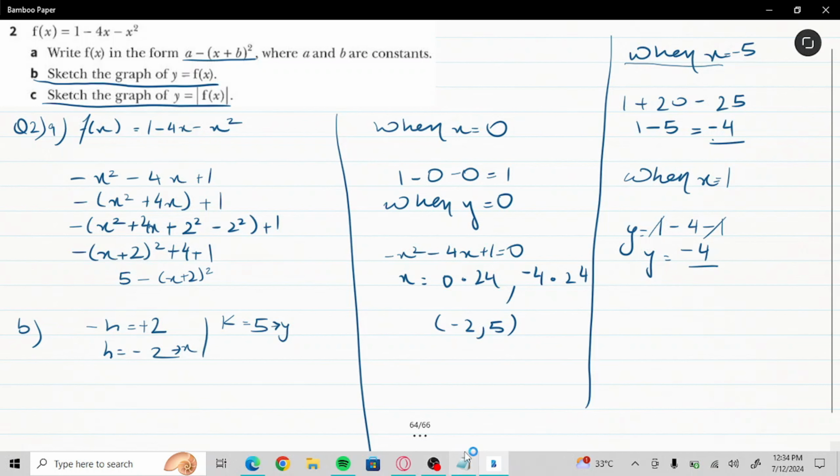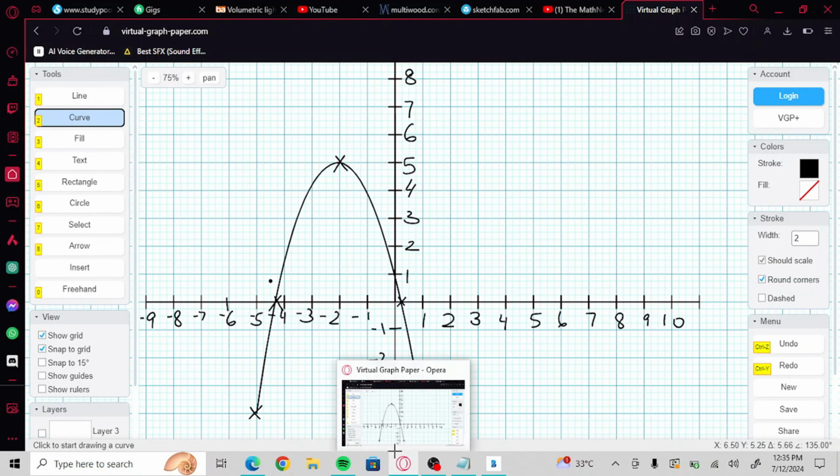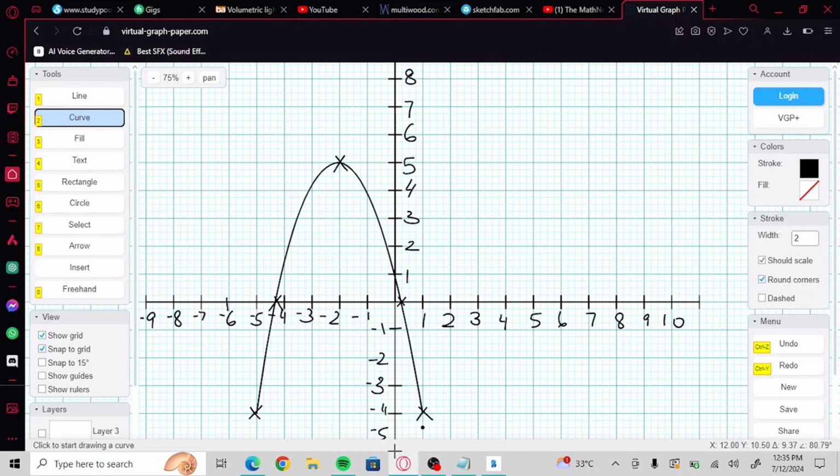So again, we have discussed in the previous lecture, especially in chapter 1 on modulus functions, that whatever the y value is, when we come across a modulus function, we make that negative y value into a positive y value. Right now we have 2 points at a negative y value, at -4, -5, and +1. What we are going to do is reflect these points.